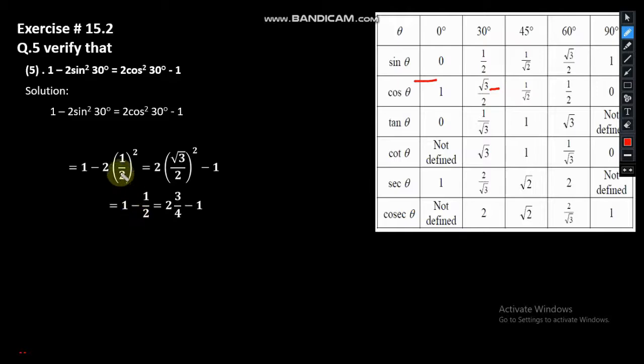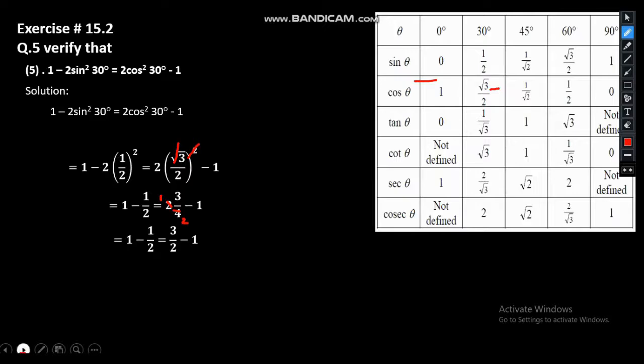Now same as it is, 2 2s are 4, 2 2s are 4, and this one cancel, and here 2 2s are 4 minus 1. Next 2 1s are 2, 2 2s are 4, so remaining factor 2.